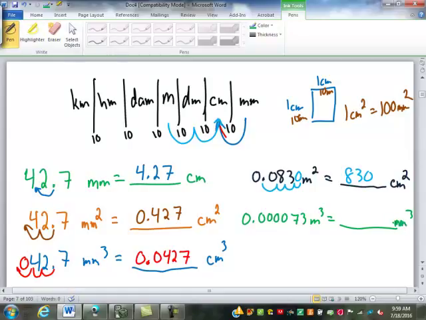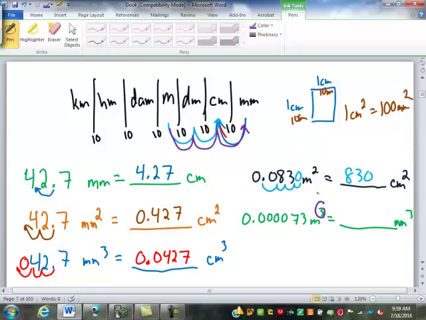So I have 0.000073 meters cubed going into millimeters cubed. Now meters to millimeters is 3 spots to the right on the chart. But now how many decimal places is each spot on the chart going to be? Each spot on the chart is going to be 3 decimal places, right?